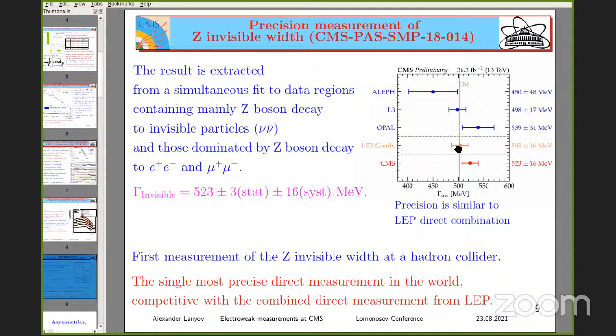If you compare with the LEP direct combination, the precision is similar to that. So this is the first measurement of the invisible width at a hadron collider, and the single most precise direct measurement in the world, which is competitive with the combined direct measurement from LEP.